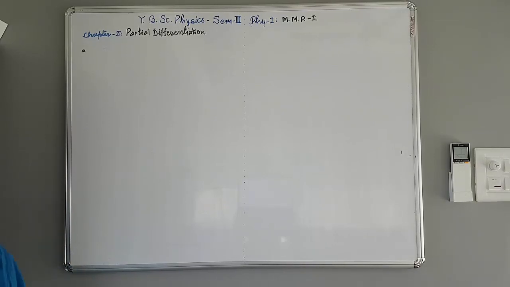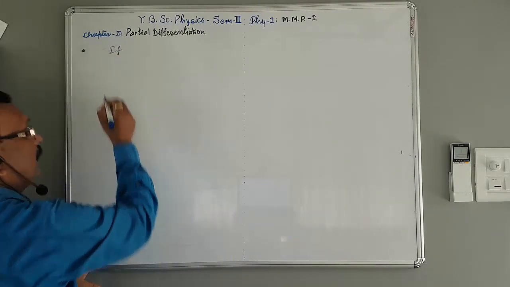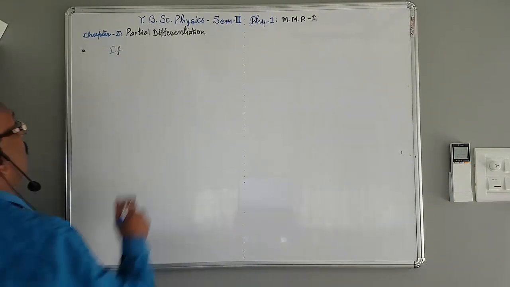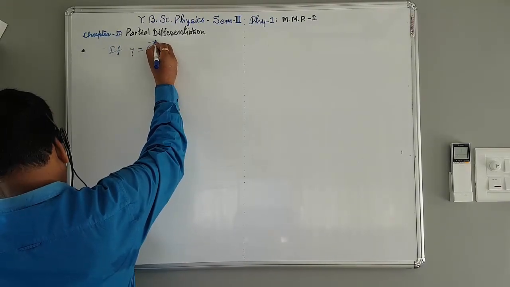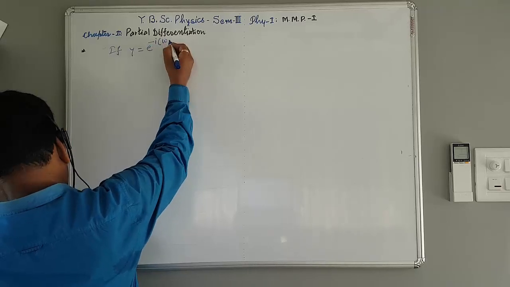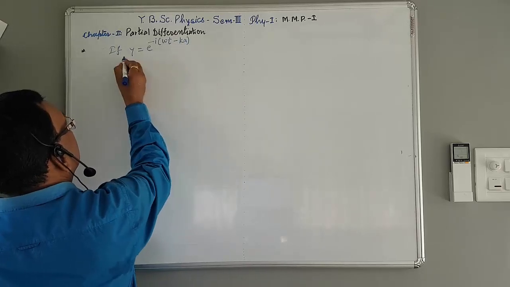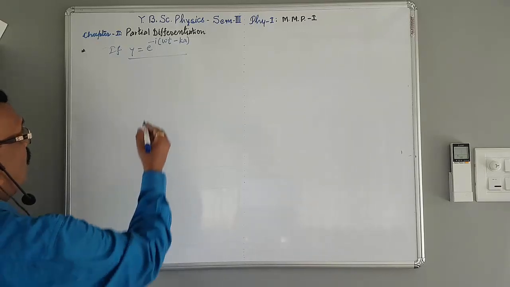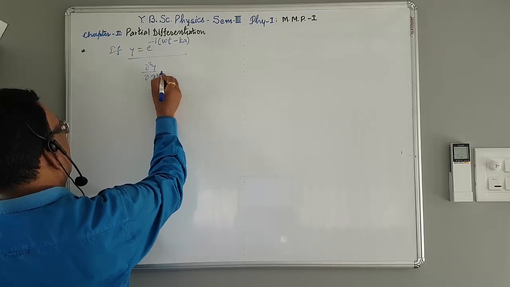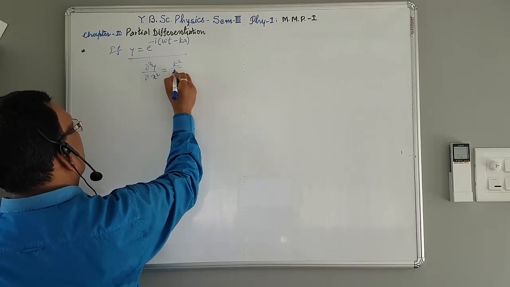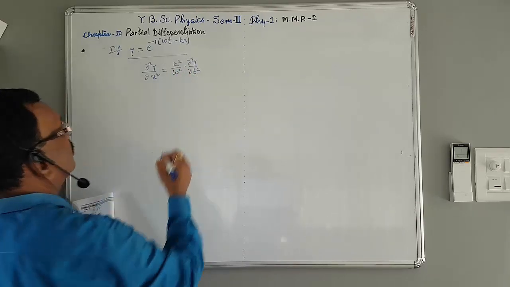Show that if y is equal to e^(−(iωt − kx)), this is a given function, then ∂²y/∂x² is equal to k²/ω² into ∂²y/∂t².